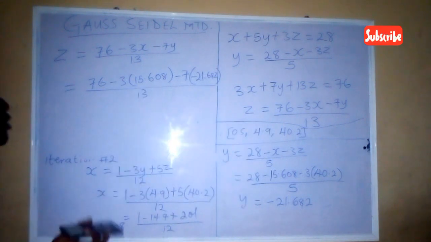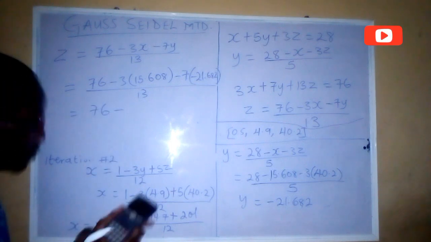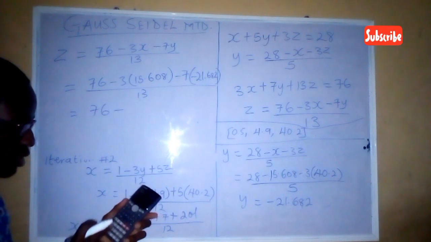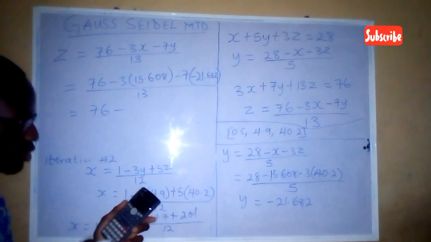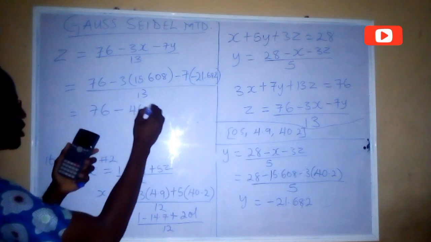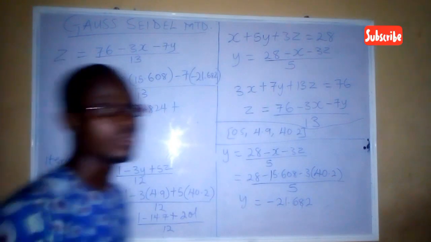So then I go, that will be 76 minus 3 times 15.608. That gives 46.824 plus, because negative multiplying negative gives positive.